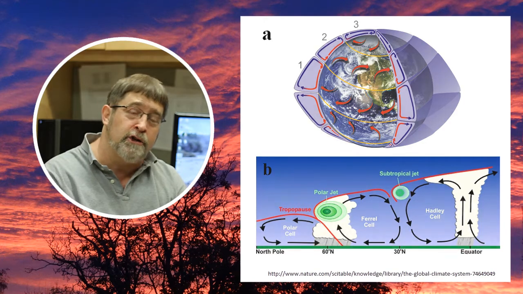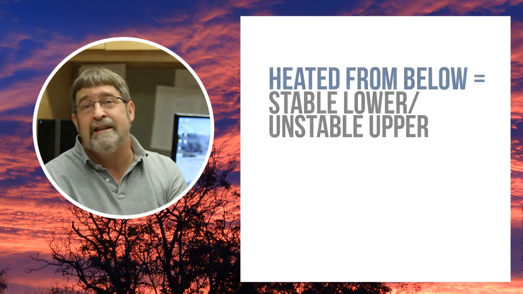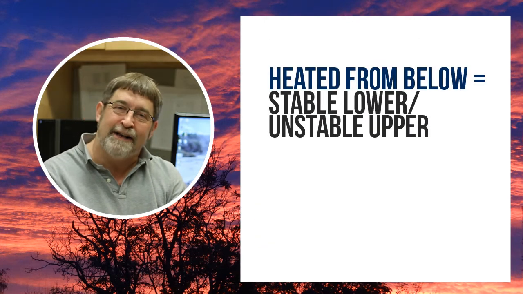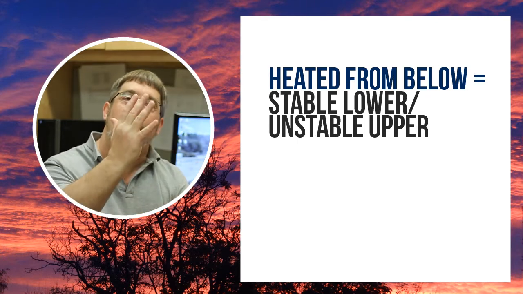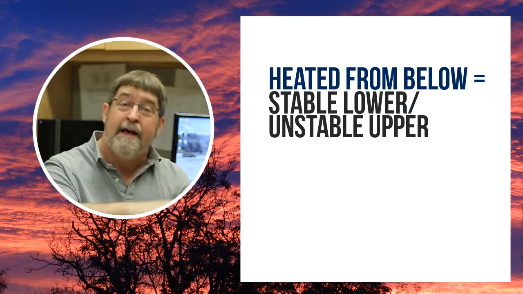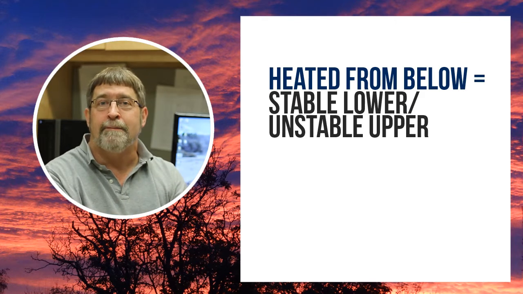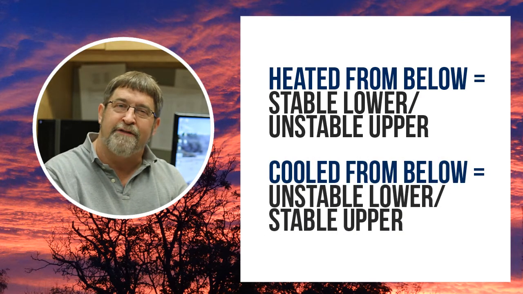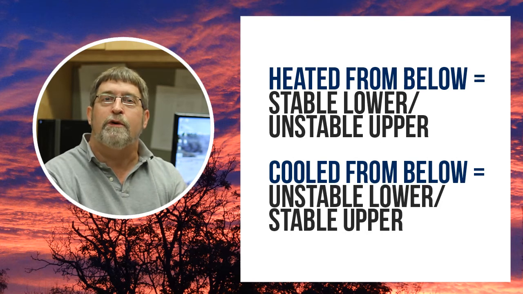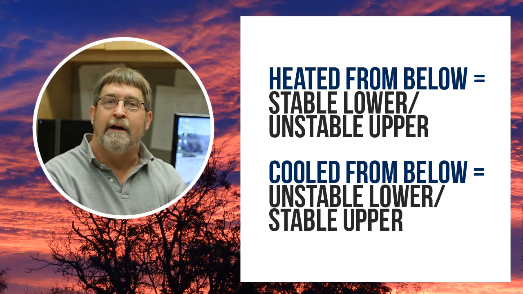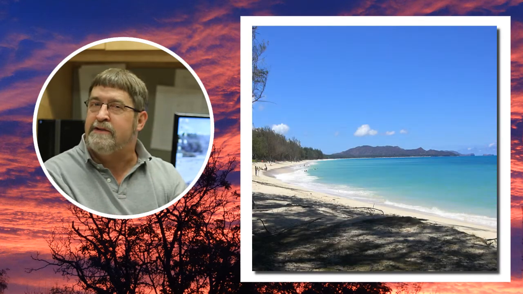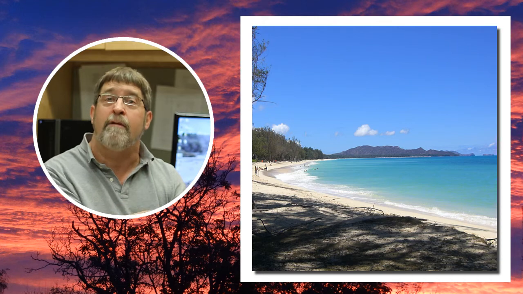We made a distinction between stability and instability. We had the idea that a surface that's heated from below produces a stable lower part and an unstable upper part. By contrast, the surface that's cooled produces an unstable lower part and a stable upper part. And so we have this big distinction that the oceans tend to be very stable in the tropics because they're heated from above.